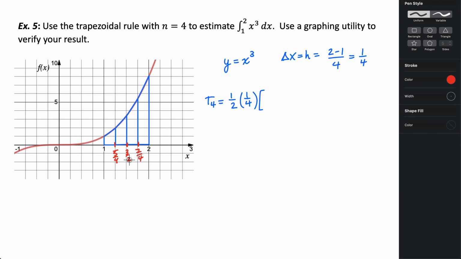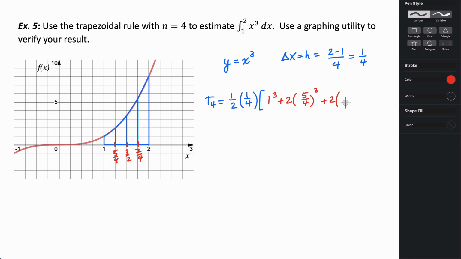Okay? All right. So it's 1/2 the height times the y value at 1. So that's going to be 1 cubed plus twice the y value at the second subinterval endpoint. So that's going to be 5/4 cubed. And it's being cubed because remember, the value of our function is x cubed. So we're cubing the x coordinate there.